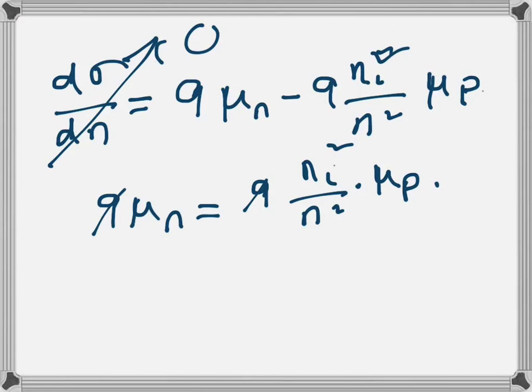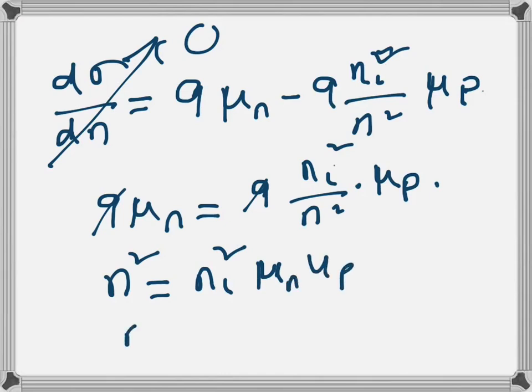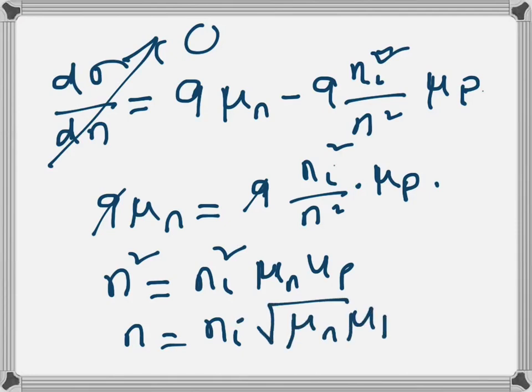So this goes away and n square becomes ni square times mu p over mu n. So n becomes ni times the square root of mu p over mu n.